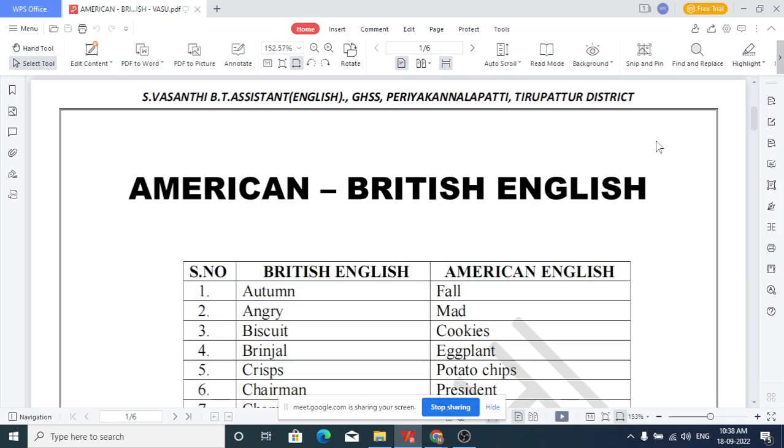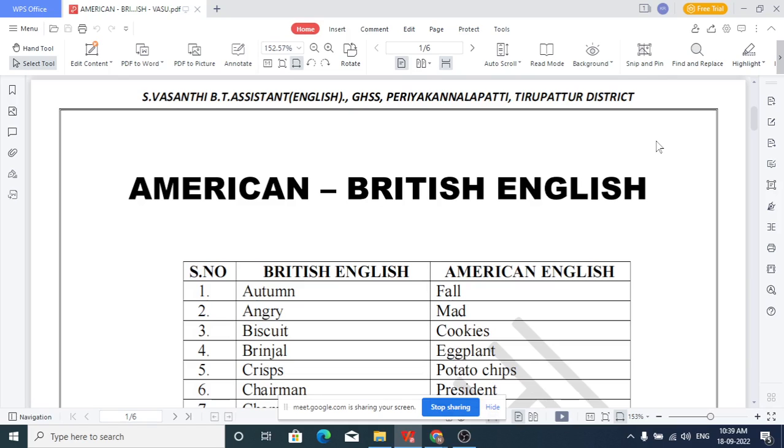Fall means the class will start in August, September, and spring means the class will start in January, February. But in British English we call it autumn; what we call autumn months, in America is called fall.